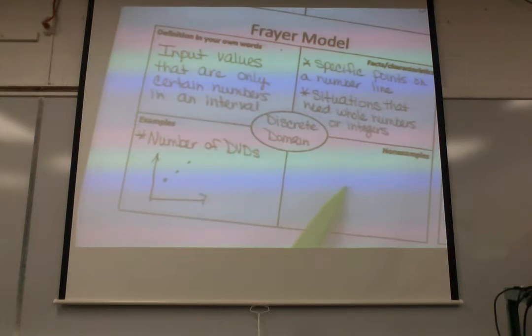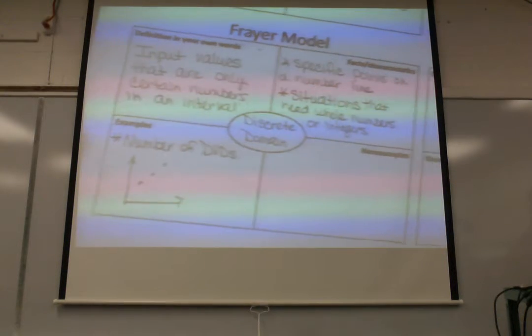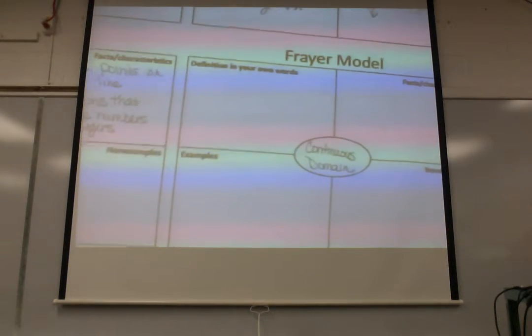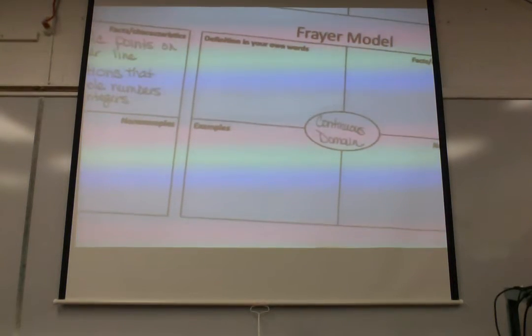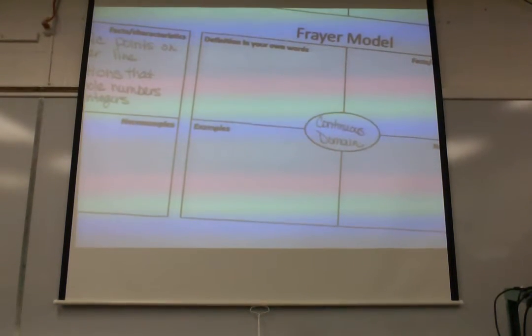Now let's skip that non-example, because what can we put in a non-example? Continuous. So let's skip over here and figure out what a continuous domain is. What's the definition of a continuous domain?